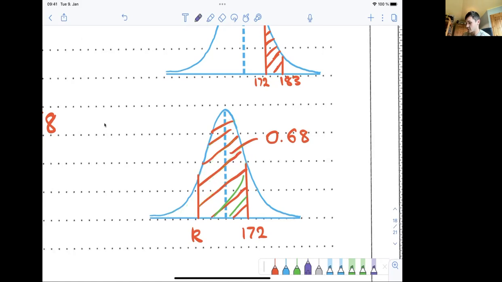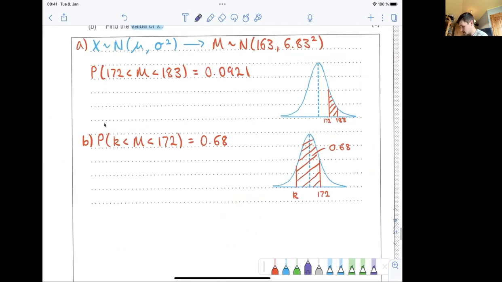If I write what I've just tried to sketch out, I apologize for that not being overly neat, but if we're trying to find the probability that a randomly selected apple is less than K, this is going to be equal to the probability that a randomly selected apple is less than 172 grams, subtract 0.68, okay?